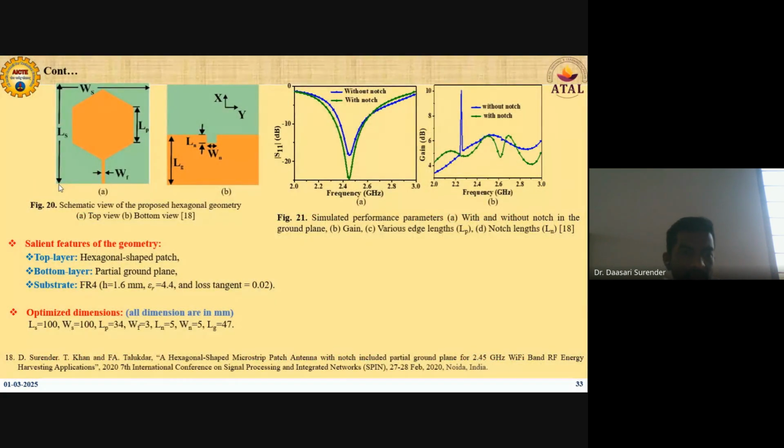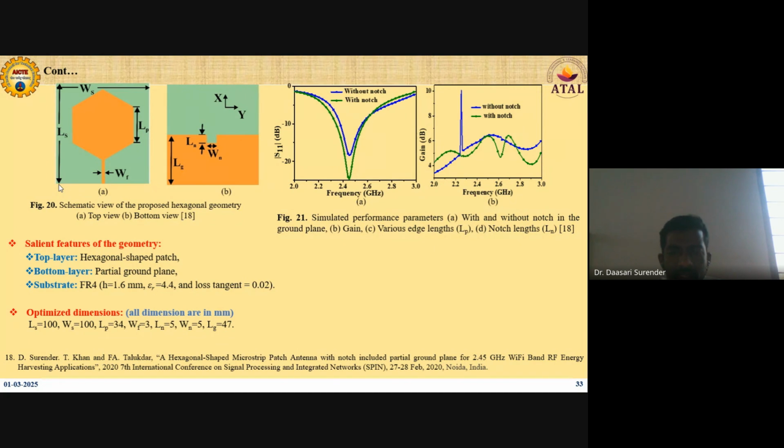One of the antennas is a hexagonal-shaped patch antenna, which provides a gain of around 6 dBi. Here we can see the incorporation of the notch, and the difference between without notch and with notch at the ground plane of the antenna.